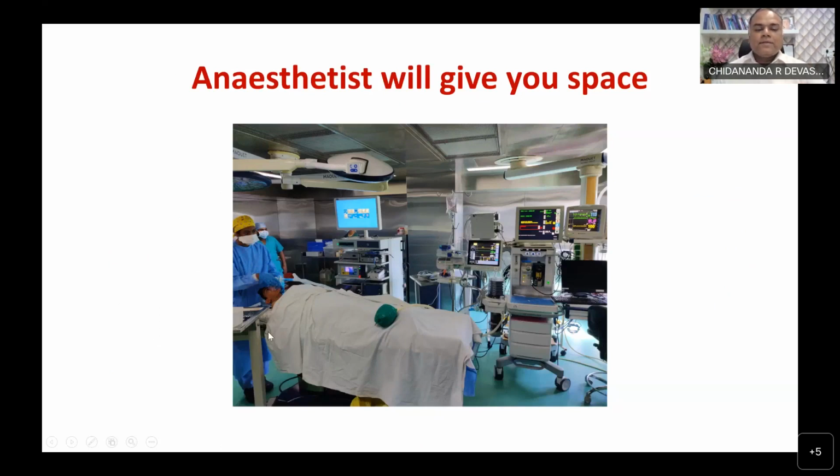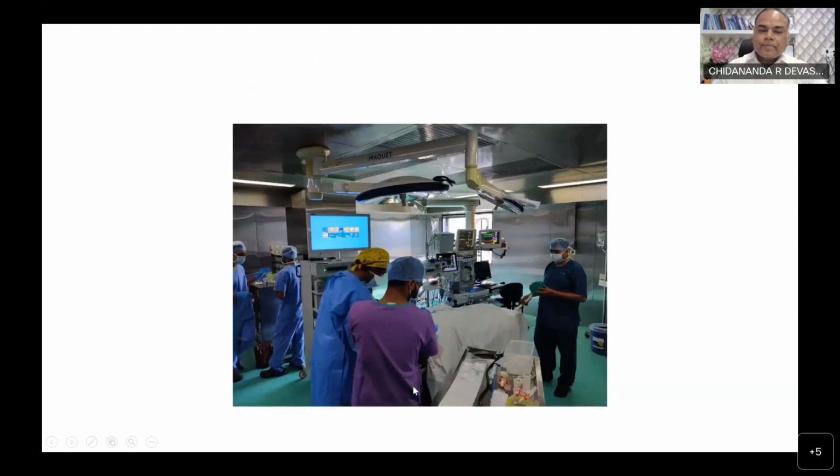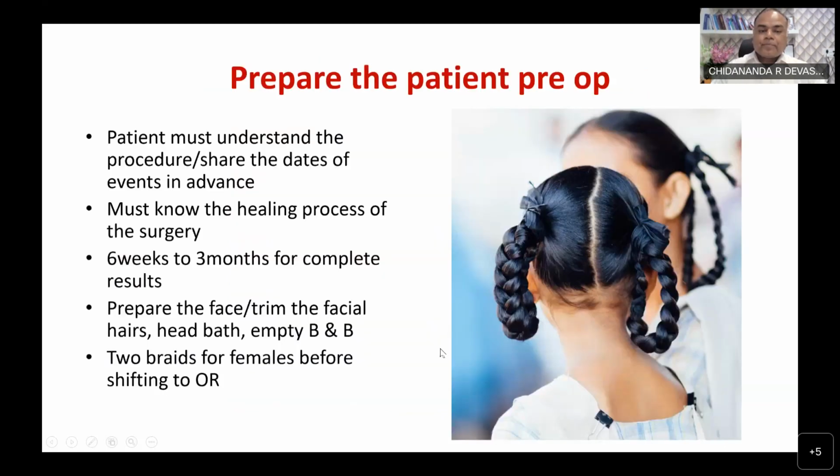You can stand here as a surgeon, the first assistant at the head end, and on the left side you will have a second assistant, and the scrub nurse will be standing somewhere here. This is one more picture showing the head end is free. You can utilize this space in the OT. You can keep your trolleys, and you can operate with whatever desirable space.